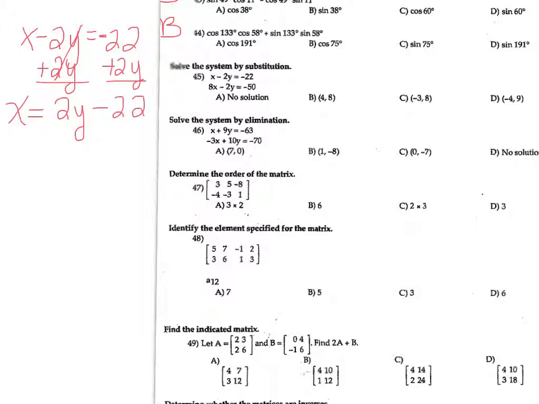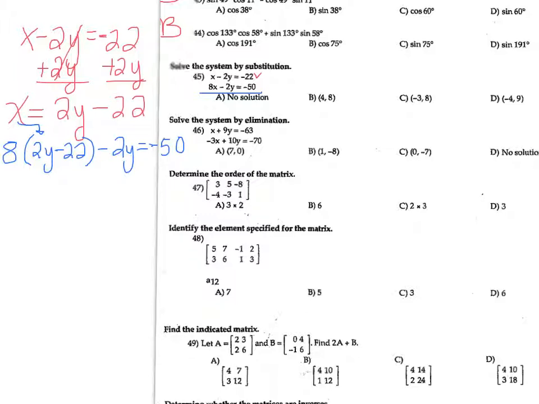Then you're going to copy the second equation, and in place of the x, so it's 8 parentheses, you're going to put what x is, which is 2y minus 22. And then keep on copying the equation, so it's minus 2y equals negative 50.